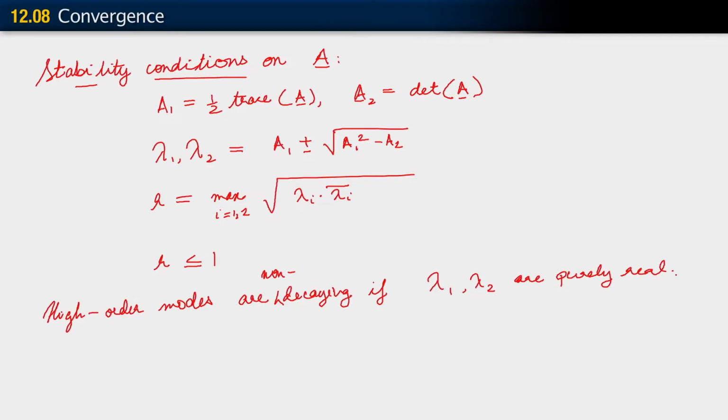And therefore, in order to damp out the higher order modes, what we need is that the discriminant of this relation should be negative. So what we need is that A1 squared minus A2 is less than 0 for damping or decaying of high order modes.